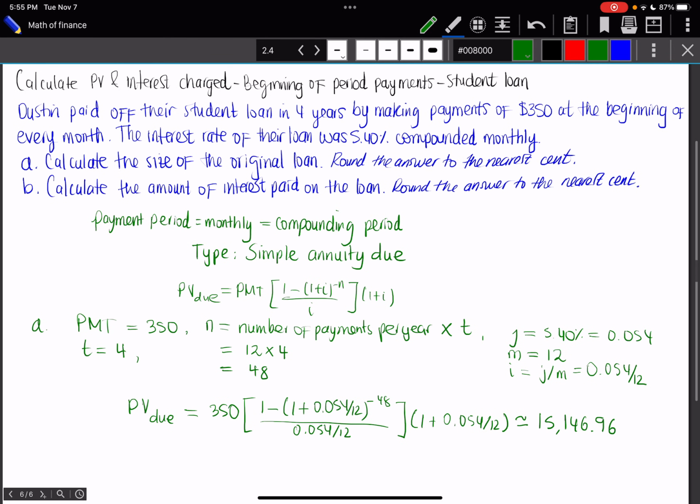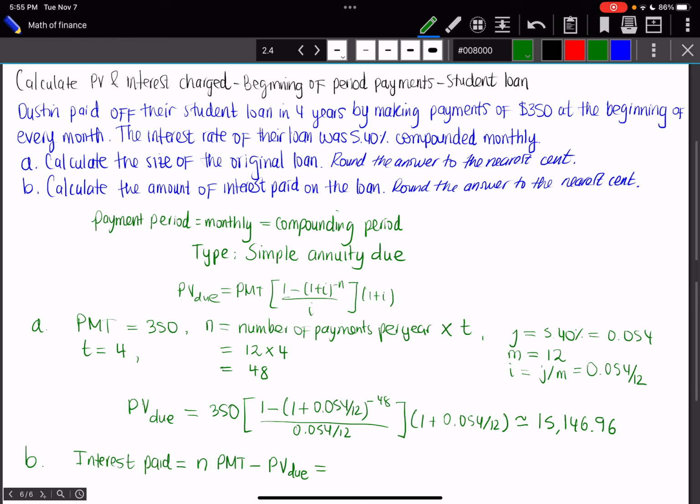Now, regarding part B of this problem, we want to calculate the amount of interest paid on the loan. And to find that interest, we use a formula. Interest paid on the loan equals, and when we're working with the present value of an annuity, we have N times PMT minus the present value of the annuity.